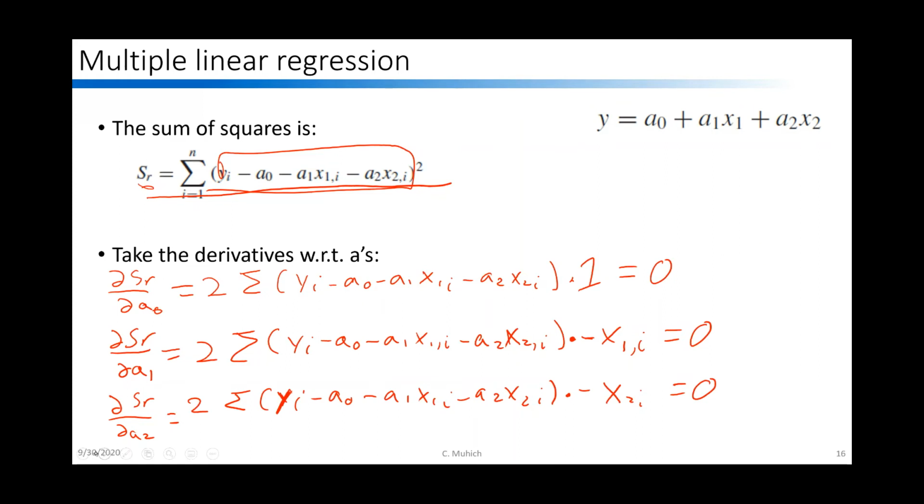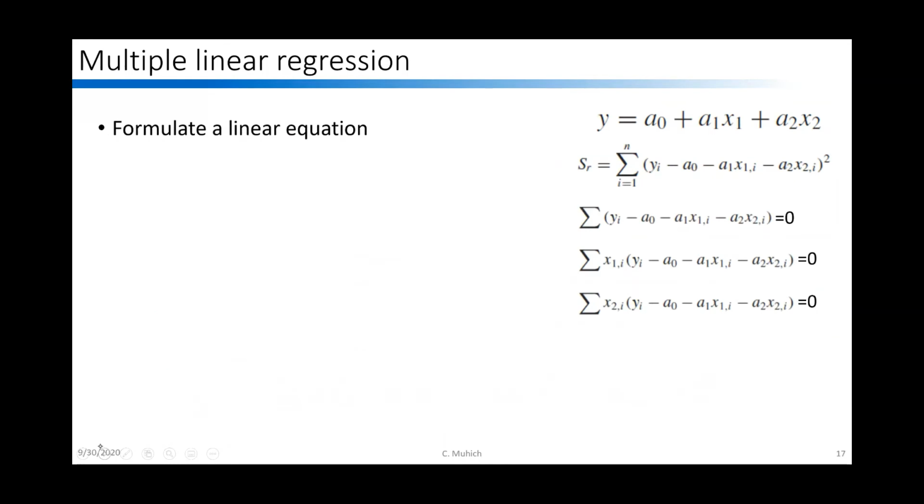Okay, so just like before, we have a series of equations where we have setters equal to 0. And we're going to now isolate each individual a and form a matrix. Not to belabor this point, but we have all these equations written out.